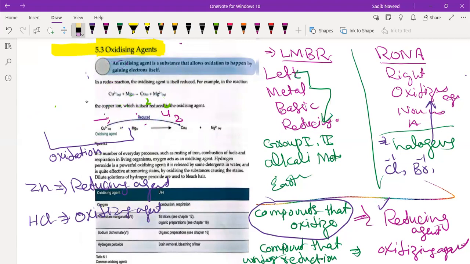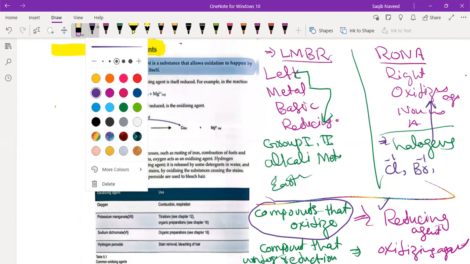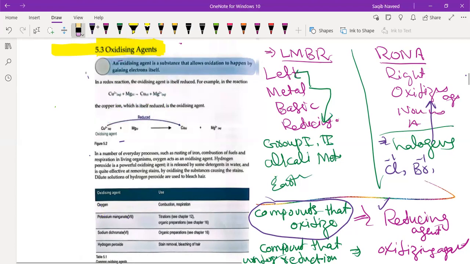Right side. Yes, you are right. So oxidizing agents are on the right side. So what kind of elements in the periodic table, metals or non-metals, behave as oxidizing agents? Non-metals. So, okay, if I ask you further, what is the nature of acids? Are acids oxidizing agents or reducing agents? Oxidizing agents. Okay.